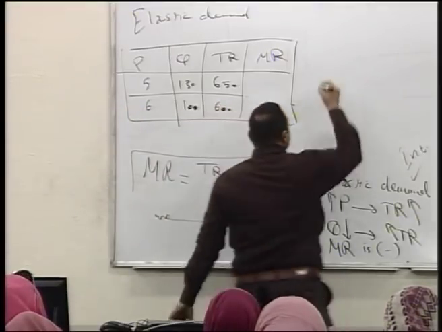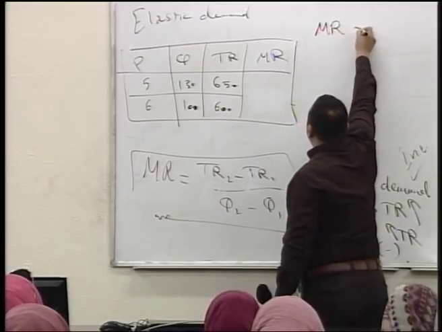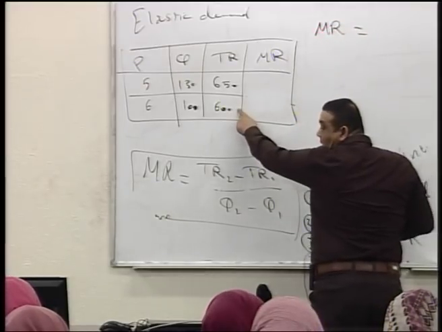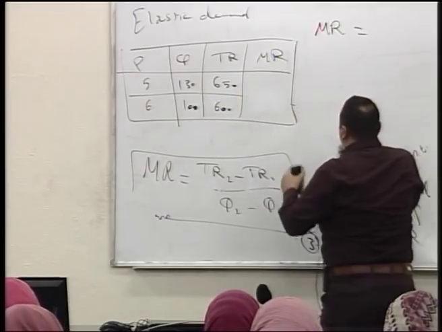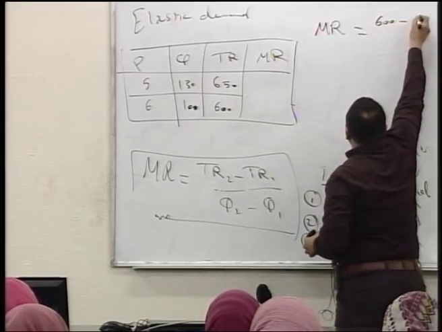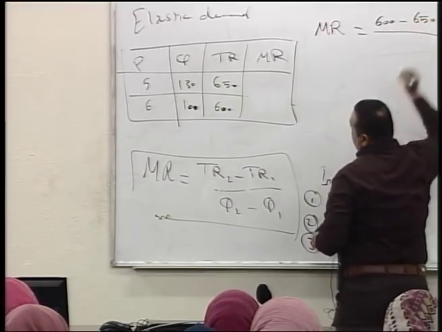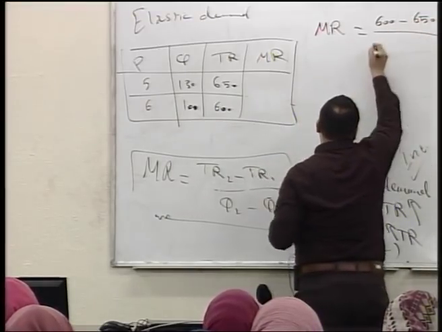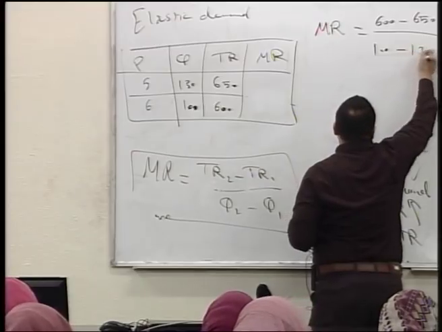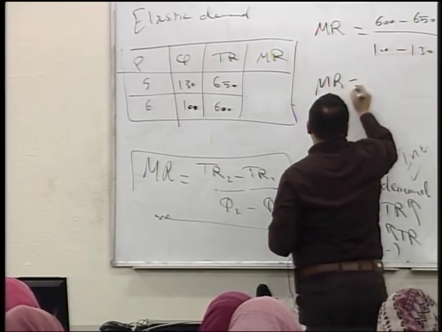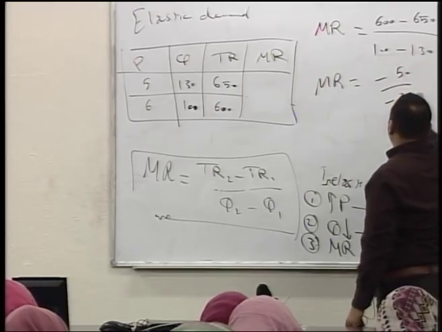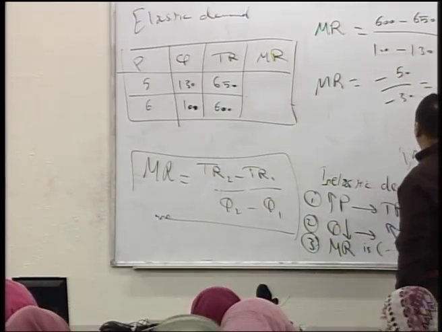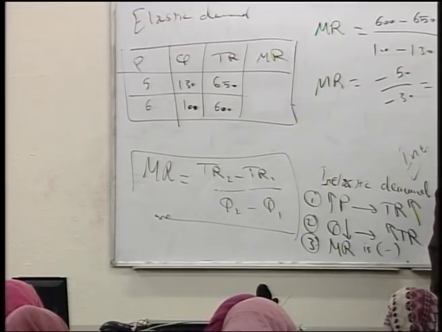MR equals TR2 minus TR1 over Q2 minus Q1. 600 minus 650 over 100 minus 130. So MR equals minus 50 over minus 30 equals positive 1.67.